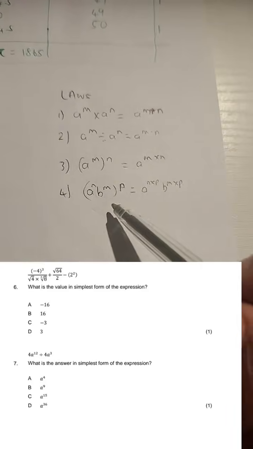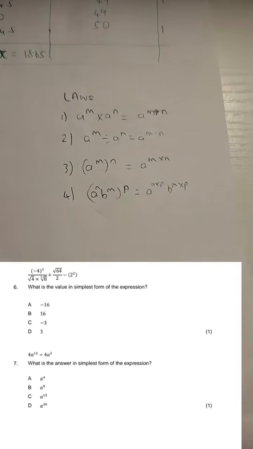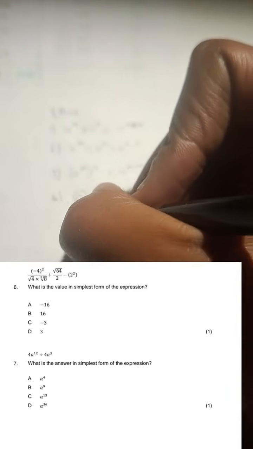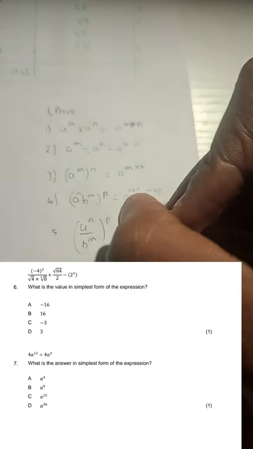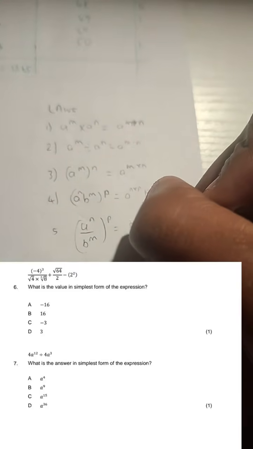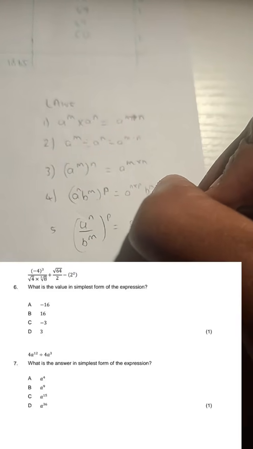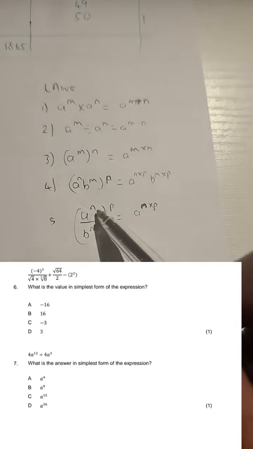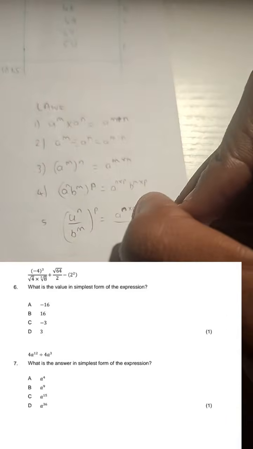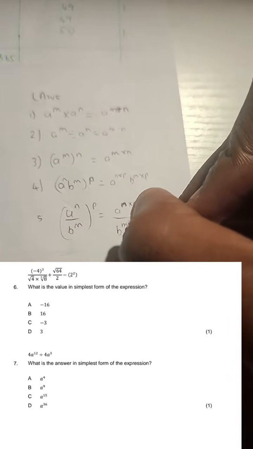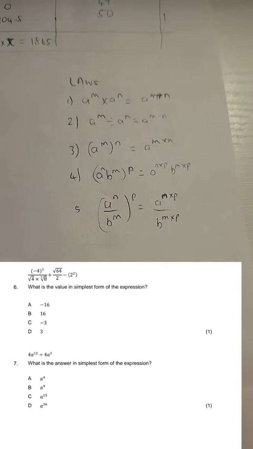So this is like law number 4 in light of law number 3. This applies as well if the relationship between the bases is division. Then we do the same thing. The base at the top gets its exponent multiplied, and the base at the bottom gets its exponent multiplied.